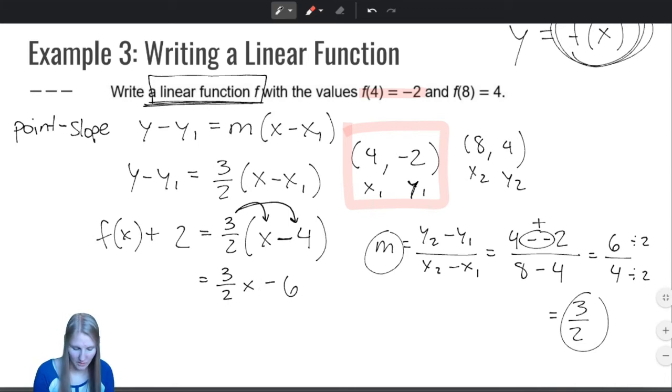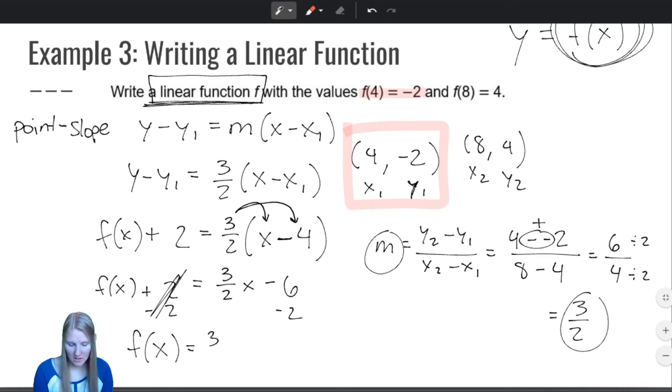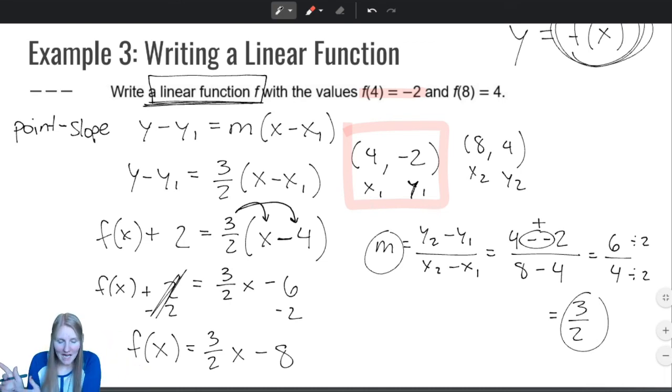All right, so this gives us f of x plus 2 equals all of this. And now, if I subtract 2 to get rid of the 2 on the left, then I get f of x equals 3/2 x minus 8. And I have f of x on one side of the equation all by itself.